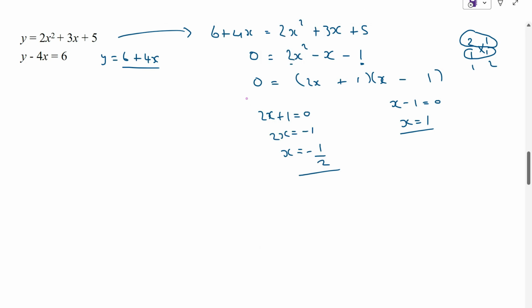The next bit is pretty simple. As long as we've got this bit right, the next part is just simply subbing this into this simple equation to get a corresponding value for y. Okay, so y equals 6 plus 4 multiplied by x. We'll do that for the second value of x too.